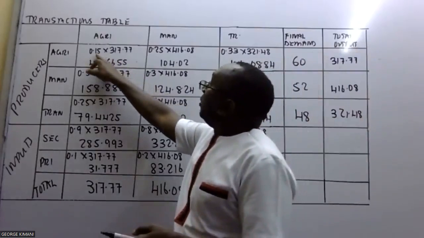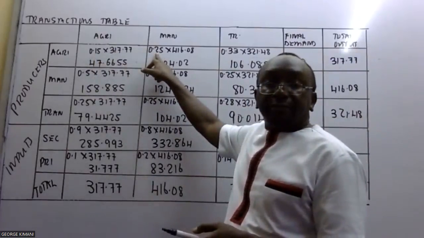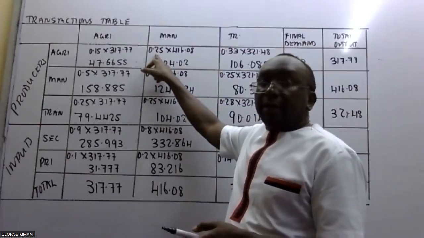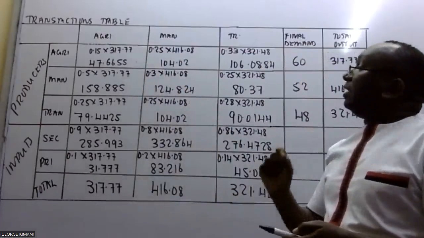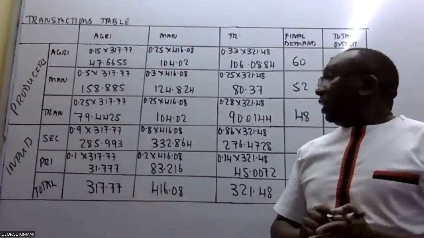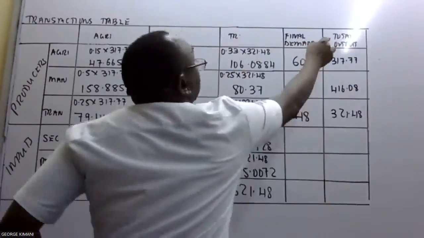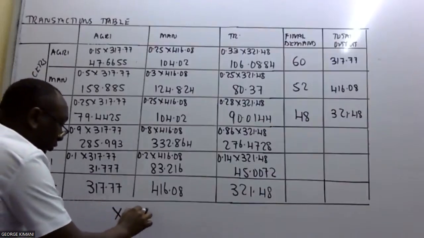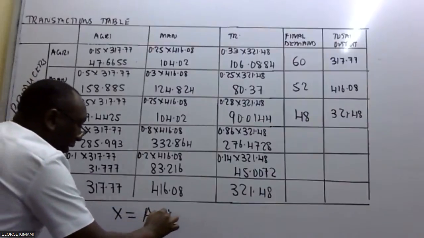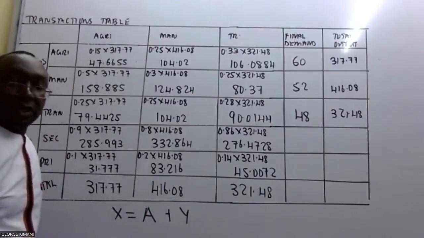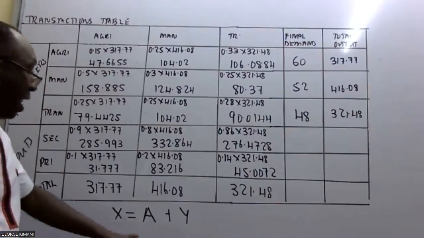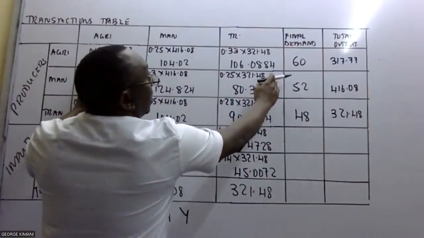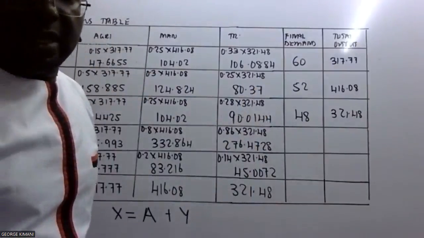We were given these 0.15, these 0.25. Do we understand? Now, if you are given in terms of totals, and you are told to get X, the total output, it is very simple. You simply get A, you add Y. Now A is the intermediate demand. These three are the ones represented by matrix A.